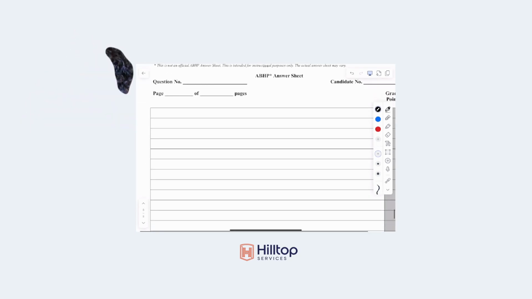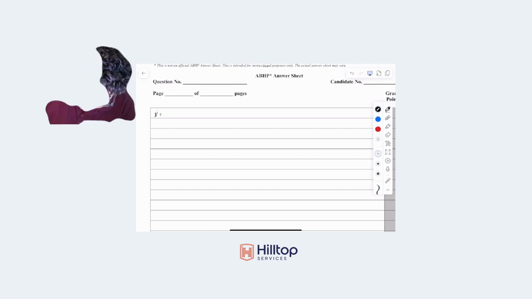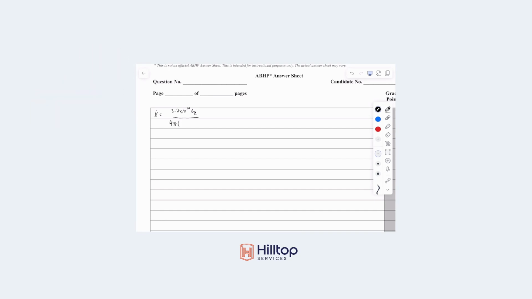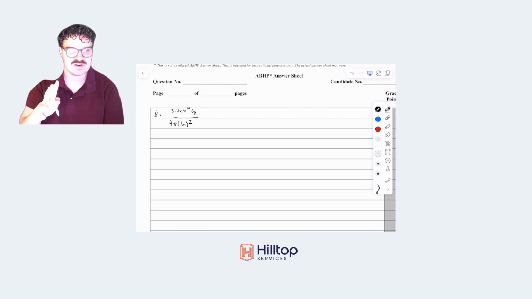So x dot, coming back to this, is equal to 3.7 times 10 to the 10 becquerel, which is disintegrations per second, all over 4 pi times 1 meter squared. Remember, we're doing 1 meter, 1 curie, 1 hour.